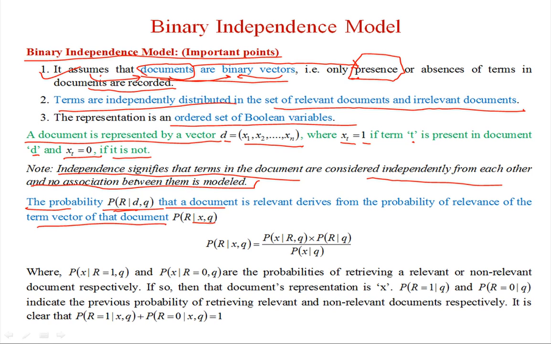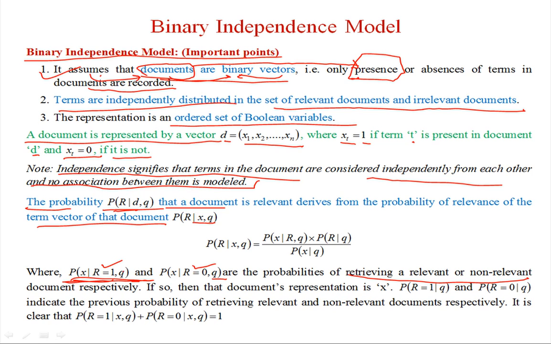First, we will discuss some formulas. P(x|R=1,q) and P(x|R=0,q) are the probabilities of retrieving relevant or non-relevant documents respectively.